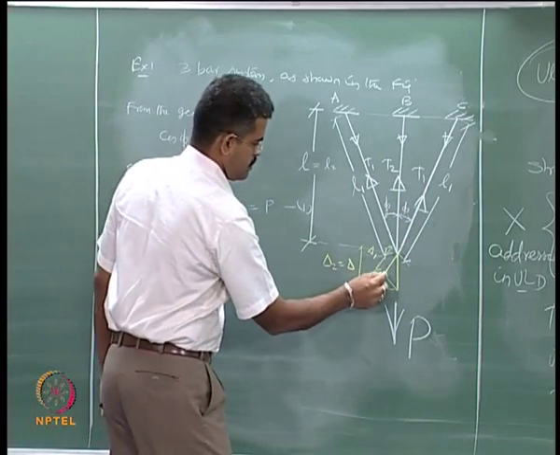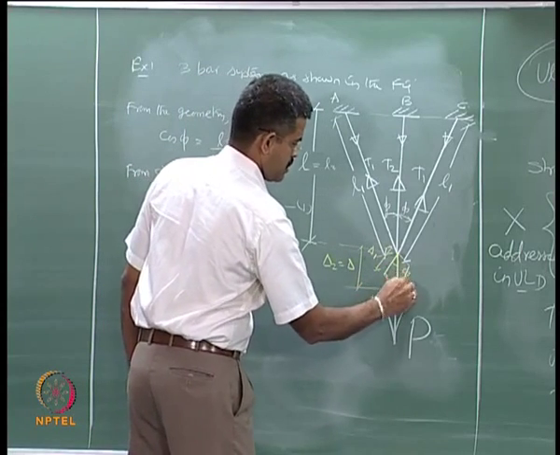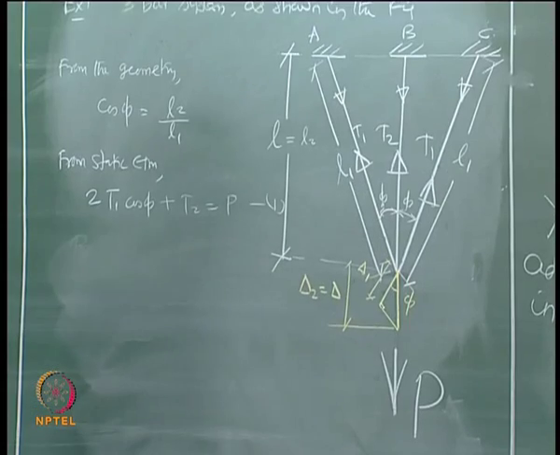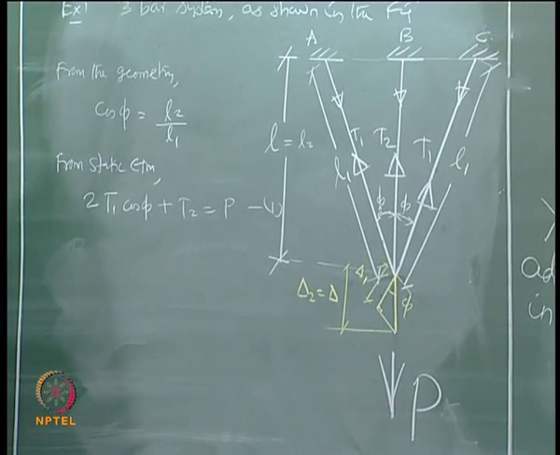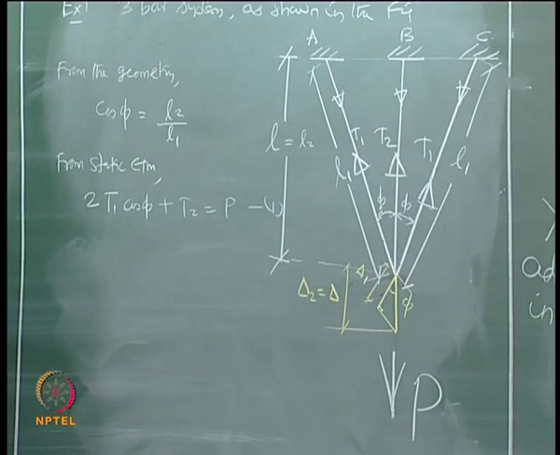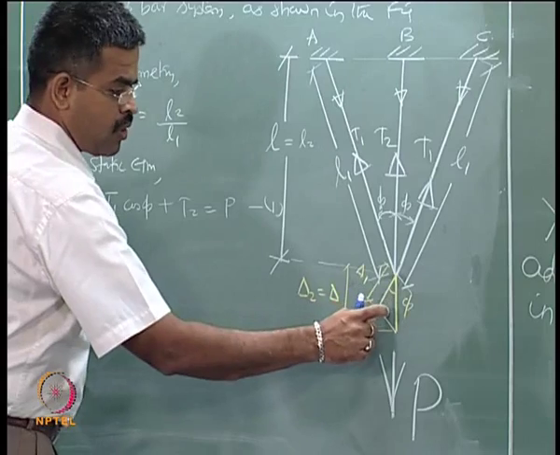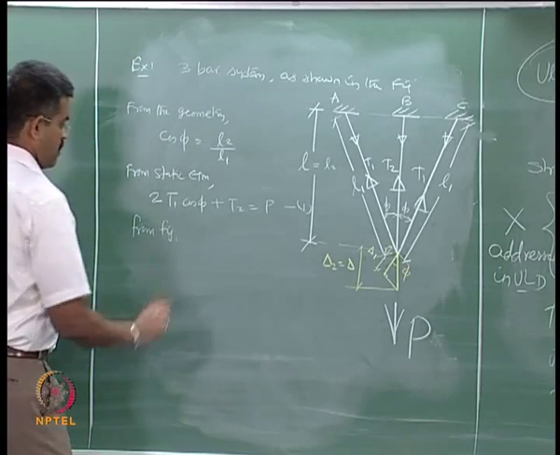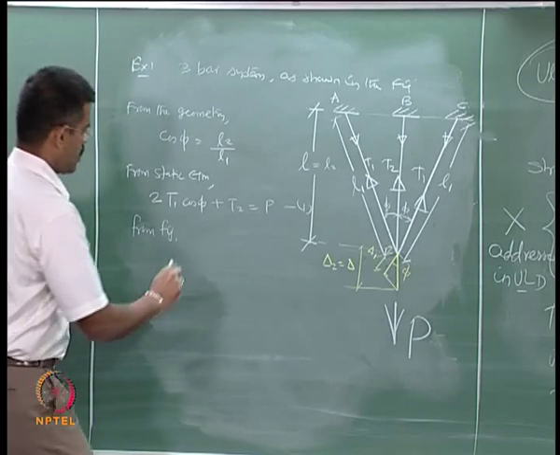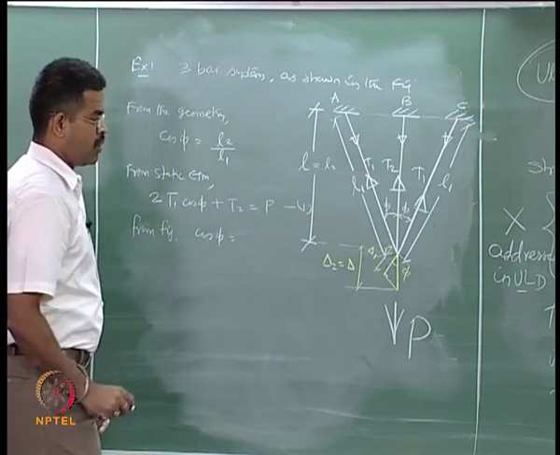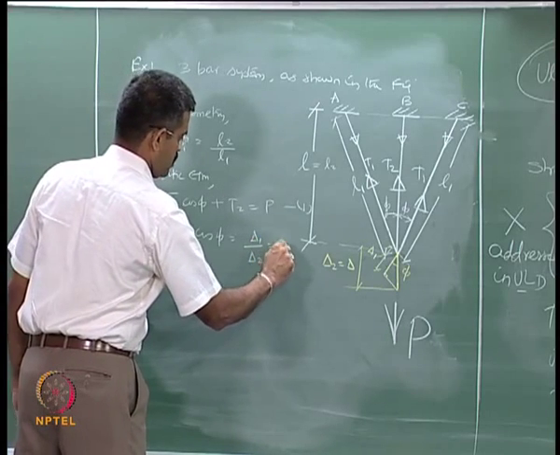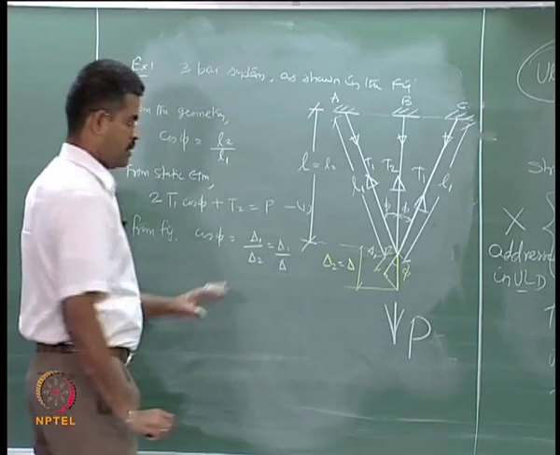Of course, this is 90 degree, and of course this remains phi. So, from this figure of elongation I can say cos phi is again equal to delta 1 by delta 2, or even delta 1 by delta.